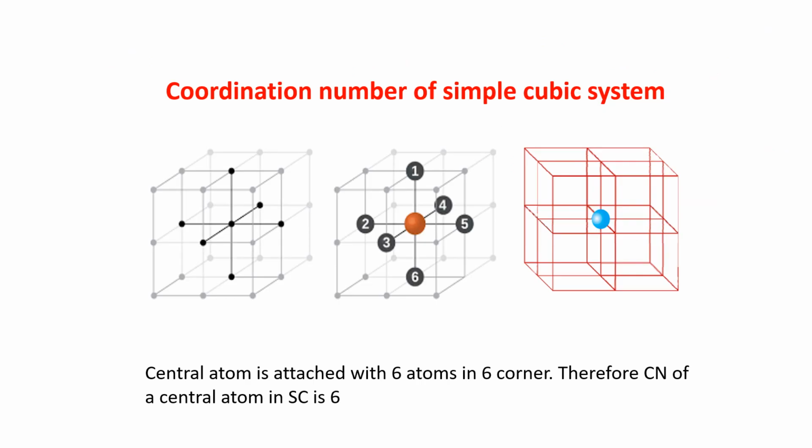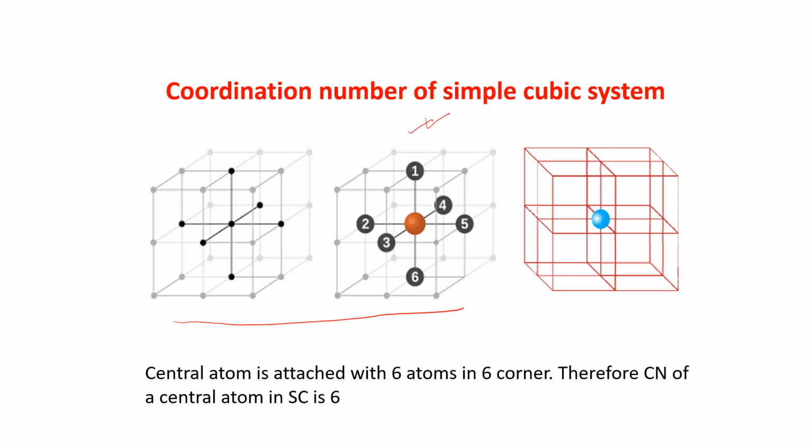calculating the coordination number of cubic systems. The first one is the simple cubic system. You can see the figure here. See the second figure. Here you can see the central atom.